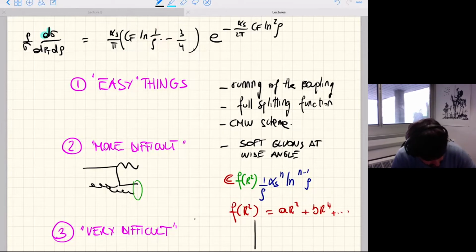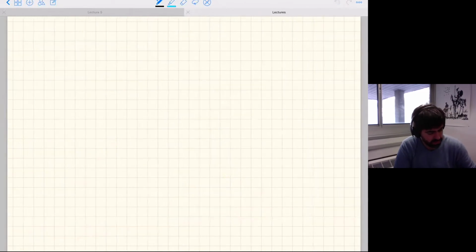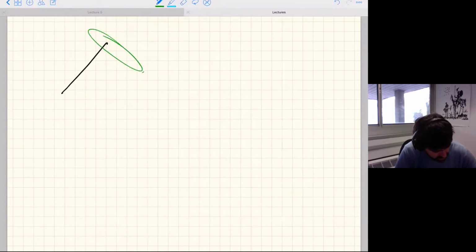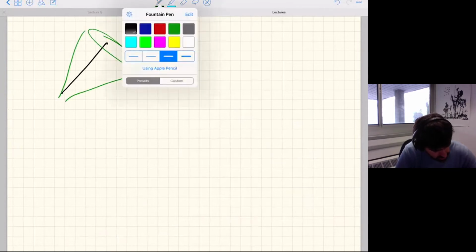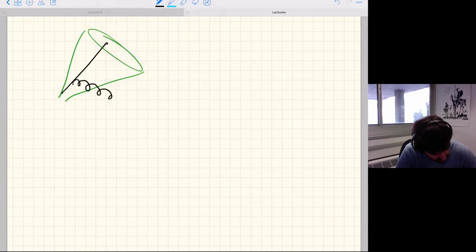So the first one is called non-global logs. Non-global logs are configurations for which you have your jet, and you have maybe a soft gluon which is emitted outside the jet, but the gluon splits into an even softer gluon inside the jet.